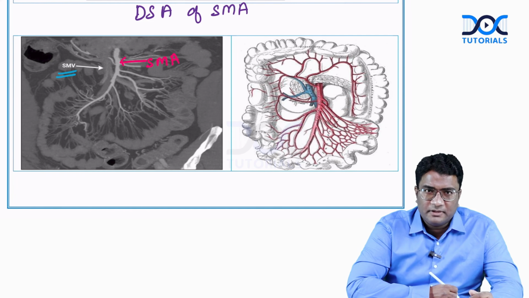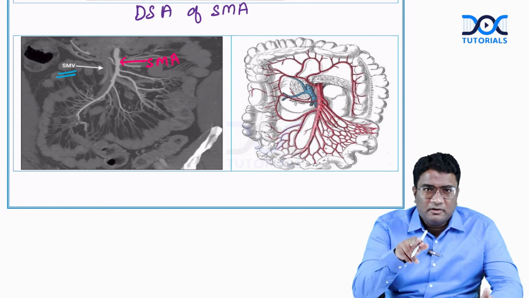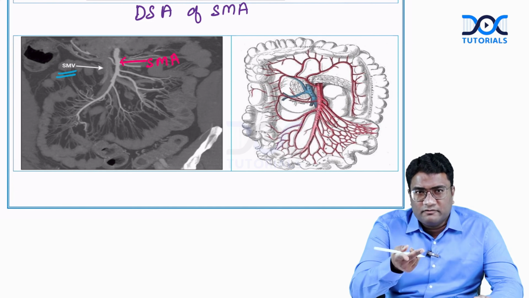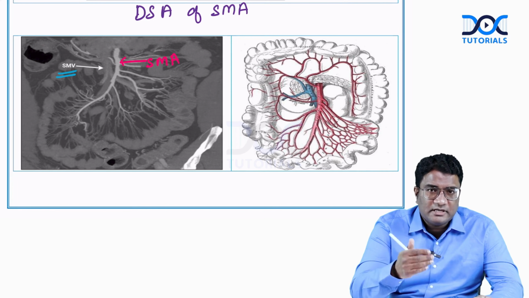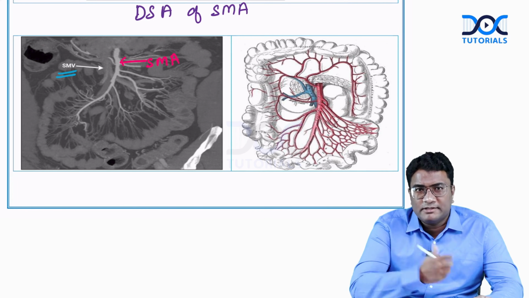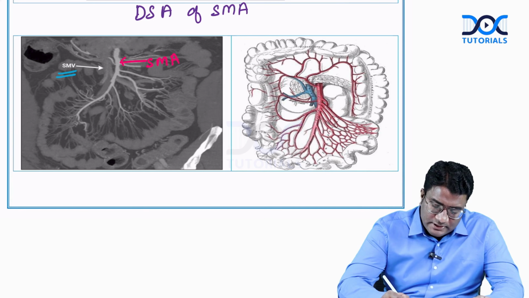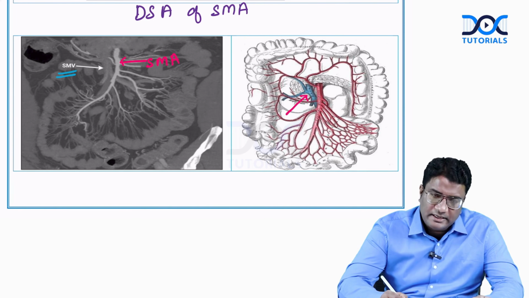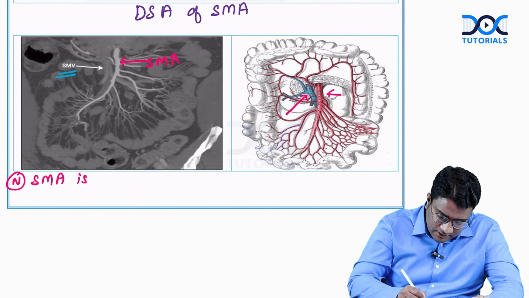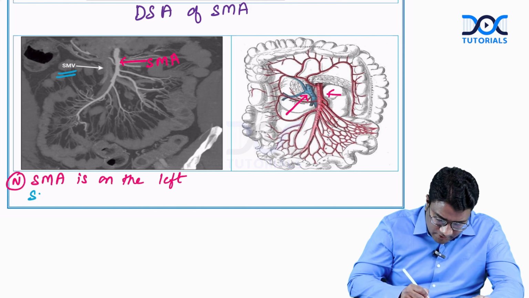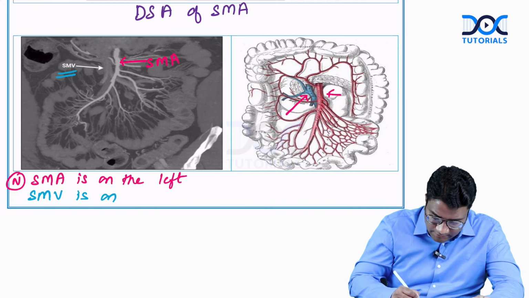This is normal. But if there is midgut malrotation or volvulus of the midgut, you will see that the superior mesenteric vein is on the left side and the superior mesenteric artery is on the right side. Normally the superior mesenteric artery is on the left and the superior mesenteric vein is on the right.